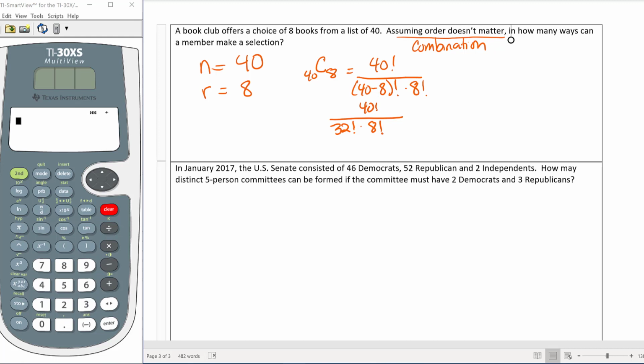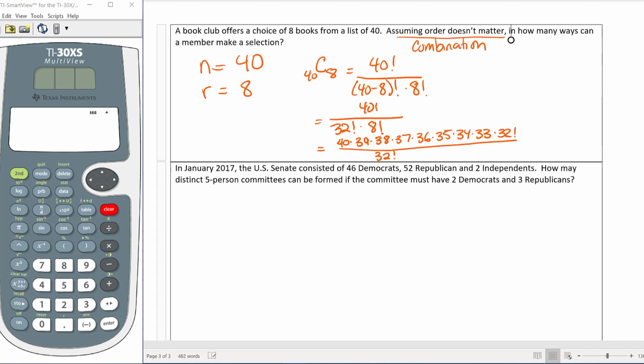We have 40 factorial, which is 40 times 39 times 38 times 37 times 36 times 35 times 34 times 33 times 32, and now I can stop because 32 factorial is also appearing in our denominator.